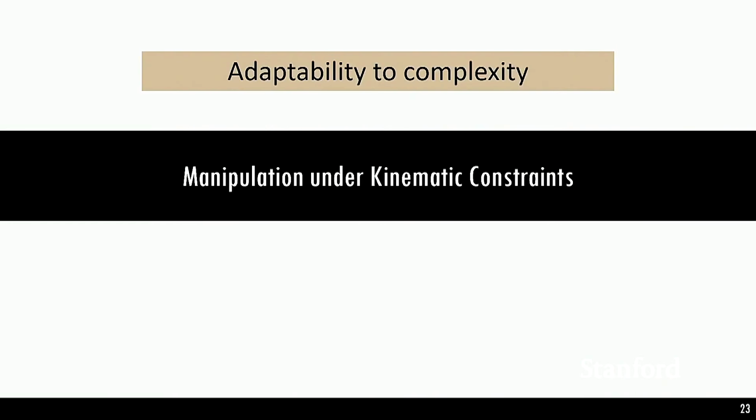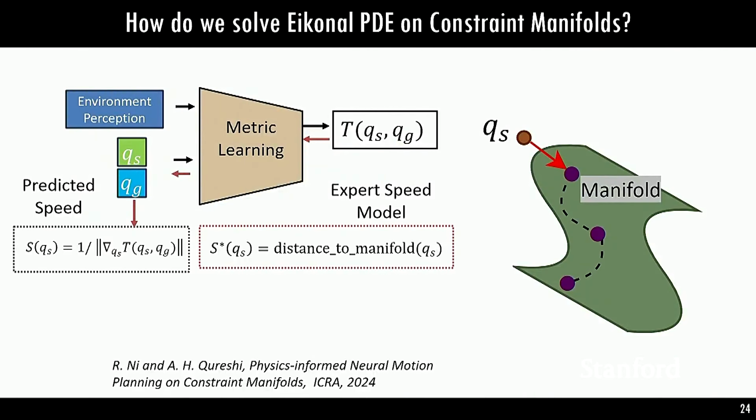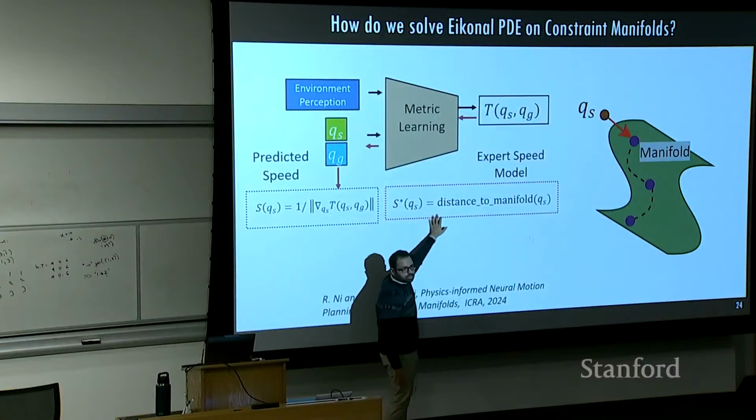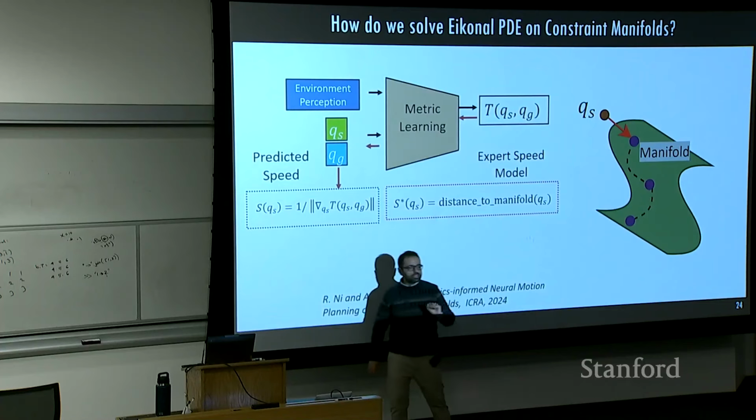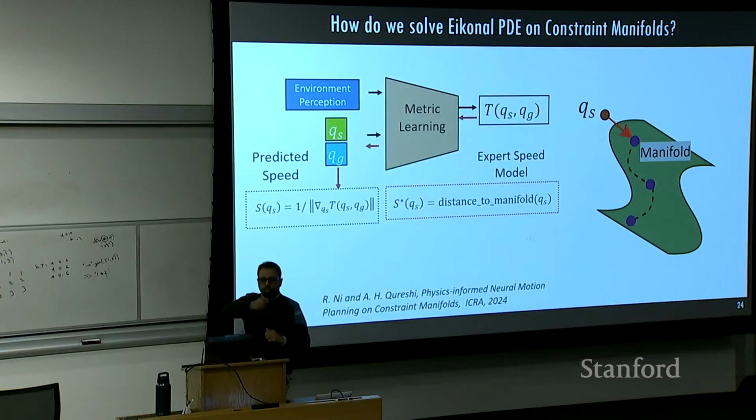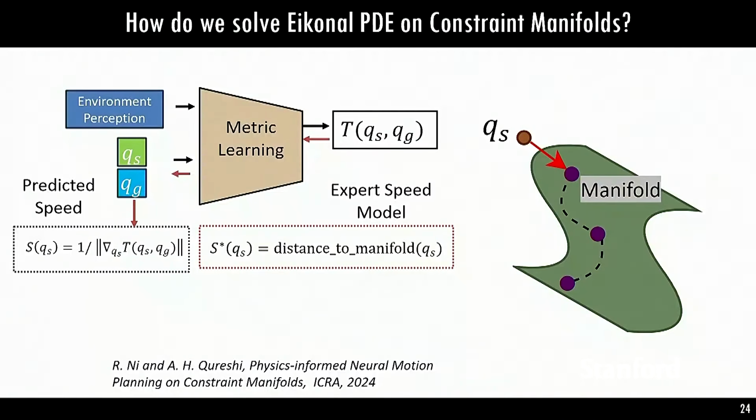So first, to scale it to a manifold or manipulation problem, all you have to change is your expert speed function. Instead of distance to obstacle, make it distance to constraint manifold. For example, if you are doing a door opening task, that's one manifold. And if you can compute the distance of the robot configuration to that manifold, you can use that as a training function.